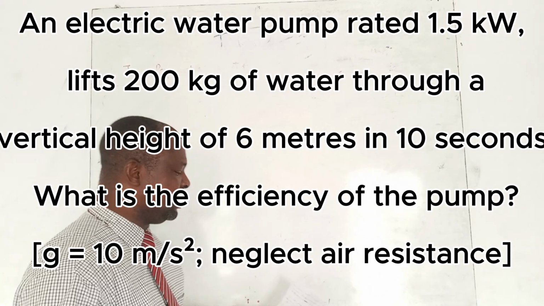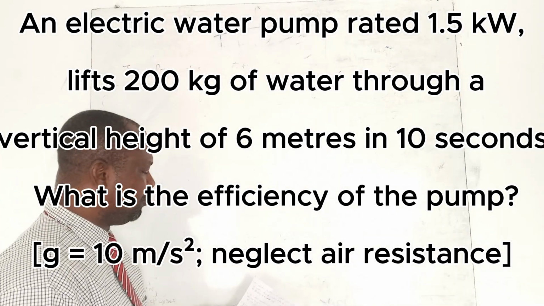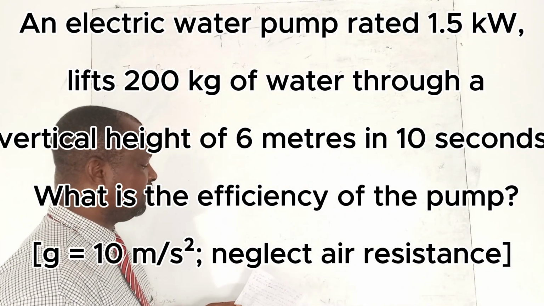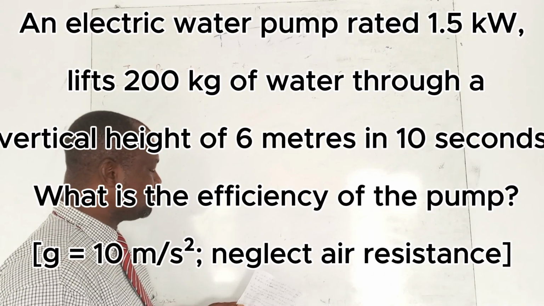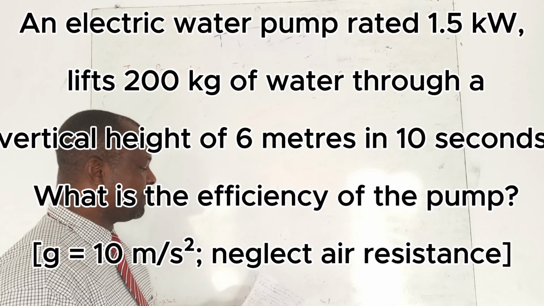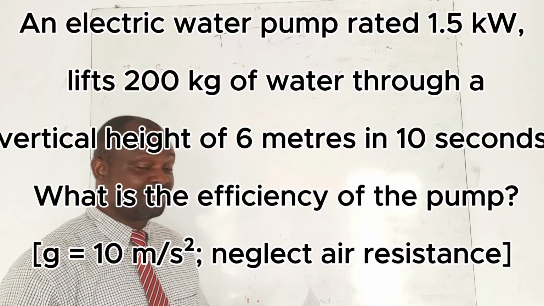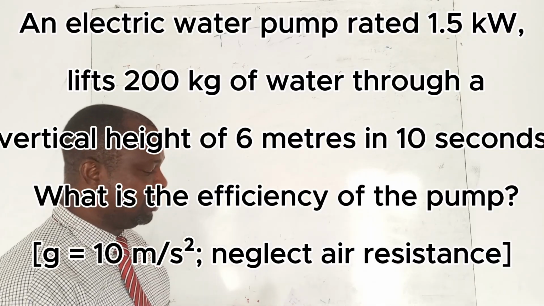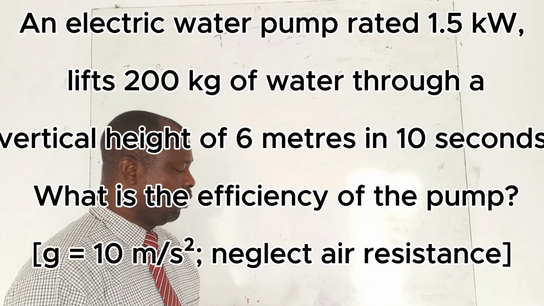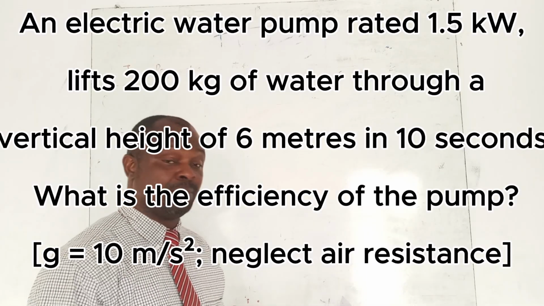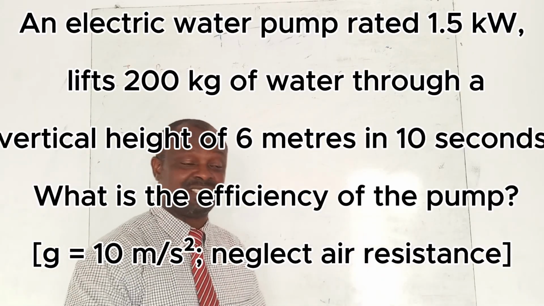An electric heater pump rated 1.5 kilowatts lifts 200 kilograms of water through a vertical height of 6 meters in 10 seconds. What is the efficiency of the pump? Let's look at the parameters that we were given.